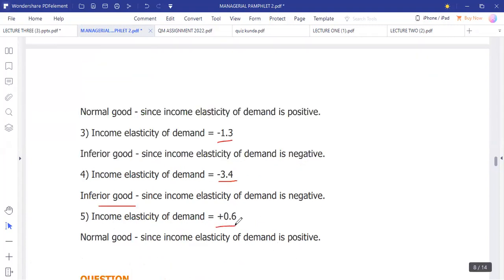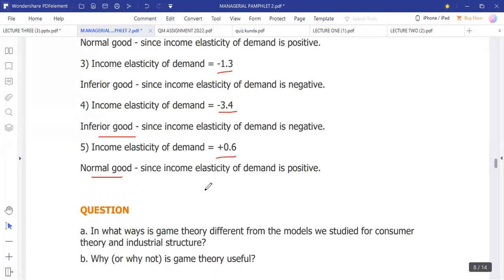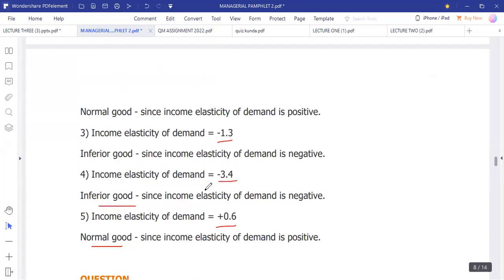How about if you get positive 0.6? It becomes a normal good, but precisely a necessity. You getting that? This one is what? Necessity. Anyone behind so far? Are we moving together?